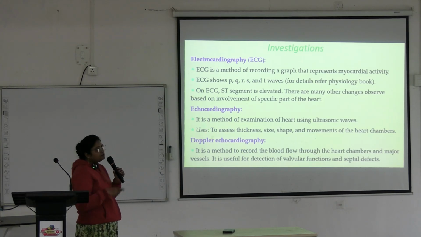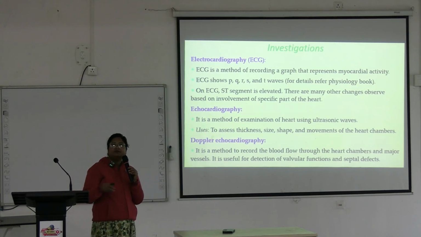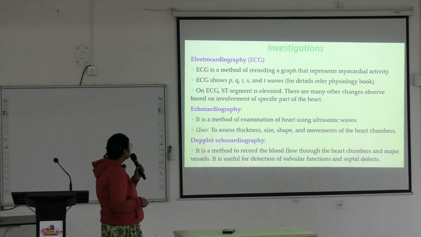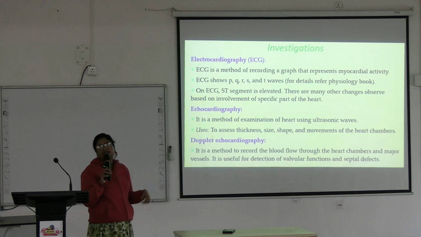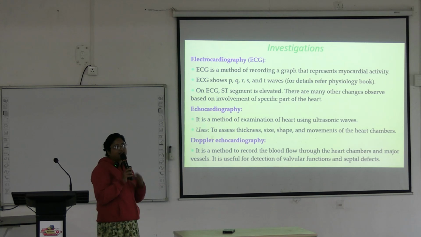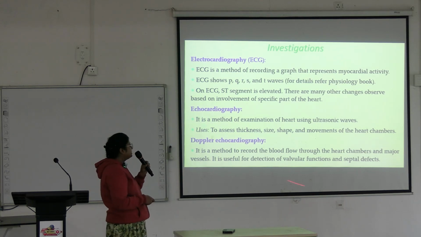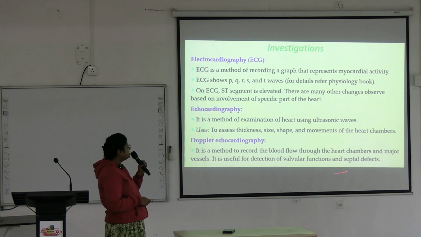Doppler means you are seeing the blood flow through the vessels and the heart chambers. It is useful for detection of valvular functions. In case of incompetency of the valve, blood can flow in the opposite direction. So you can detect valvular incompetency through Doppler echocardiography. It is useful for detection of valvular functions and septal defects.